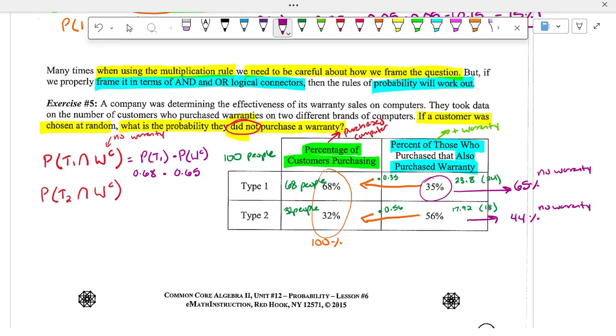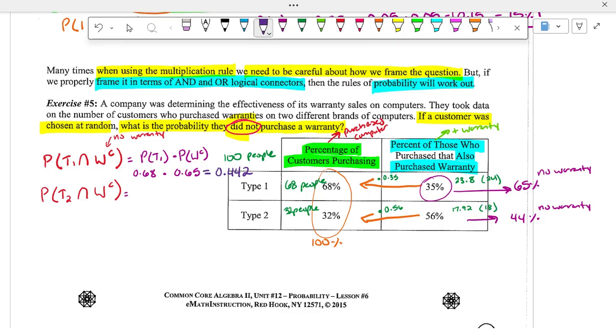All right. Equals. All right. So put that in your calculator. Tell me what you get. Yep.